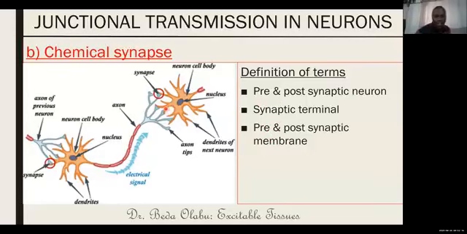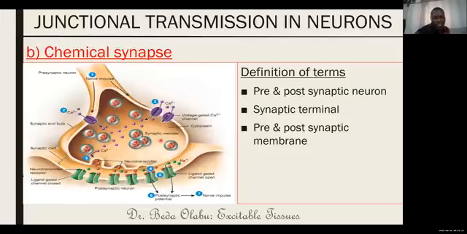The cell membrane of the dendrite that is receiving at the synapse is what we are calling the postsynaptic membrane. Maybe at a higher magnification, this is the presynaptic membrane, this membrane here. And this is the postsynaptic membrane.